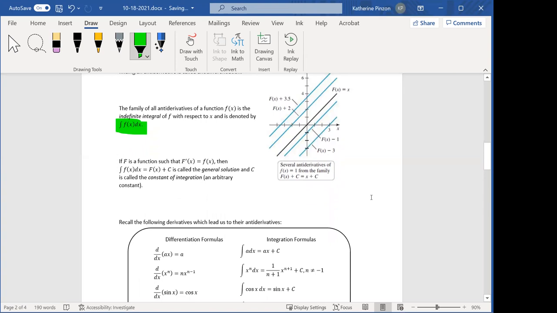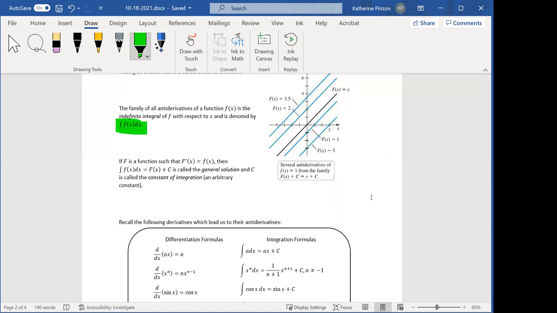If capital F is a function where the derivative is little f, then the indefinite integral, or the antiderivative, of little f is capital F plus c. That's that constant, that family of antiderivatives, and that's called the general solution. On Wednesday, we're going to work on what happens if they tell you some more information about the function. Can you find that c? Can you find what's called a particular solution? We call c the constant of integration.